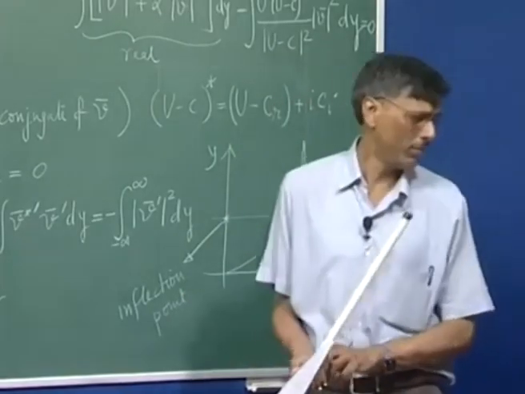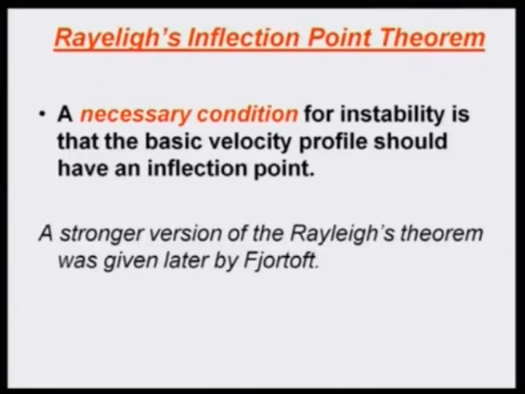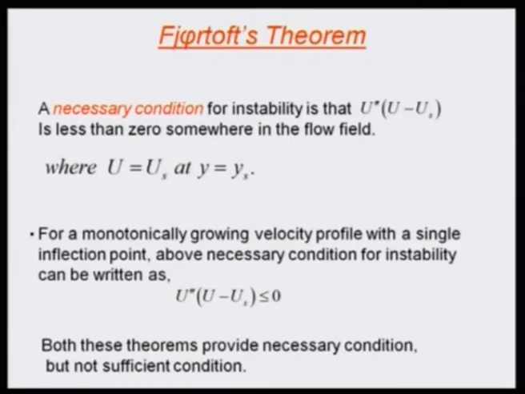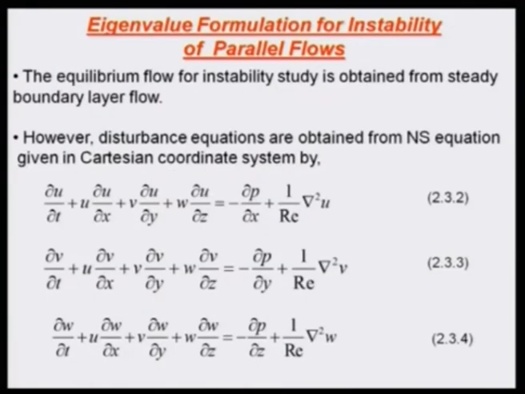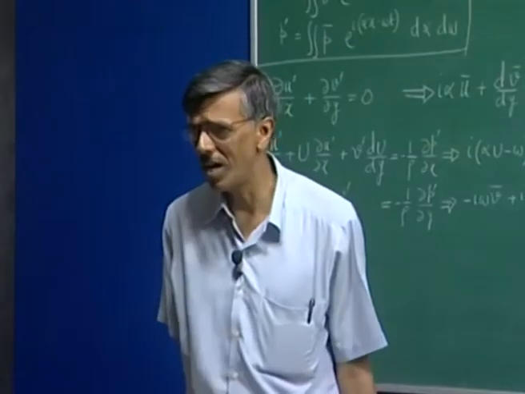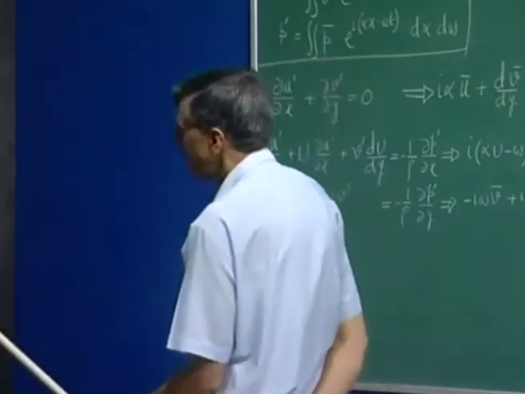So what happens is that this allowed Rayleigh to draw a very far reaching conclusion, which he enunciated as a theorem, called Rayleigh's inflection point theorem, which states a very simple observation that we have discussed so far: if I want to get an unstable solution, that means Ci non-zero, then what do I need?